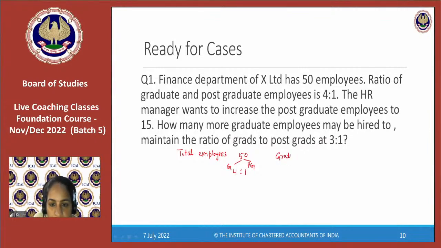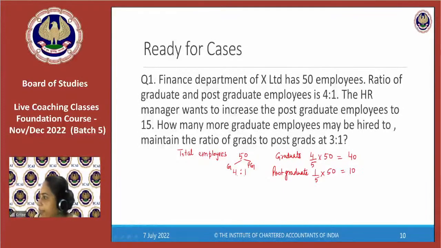Graduate employees would be 4 by 4 plus 1, that is 4/5 of 50, and postgraduate employees would be 1/5 of 50. That is 40 and 10. Yes, good.